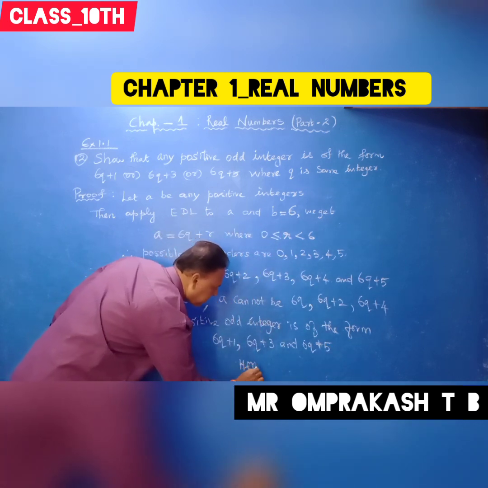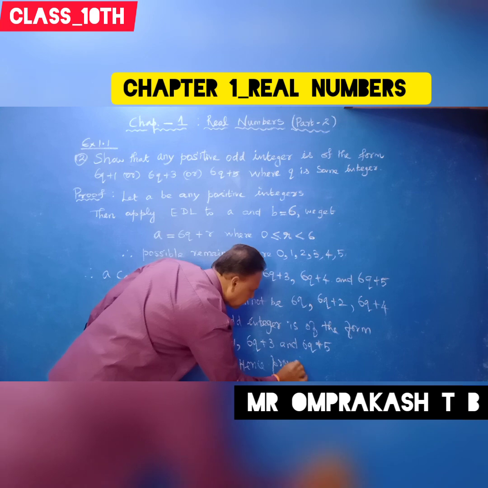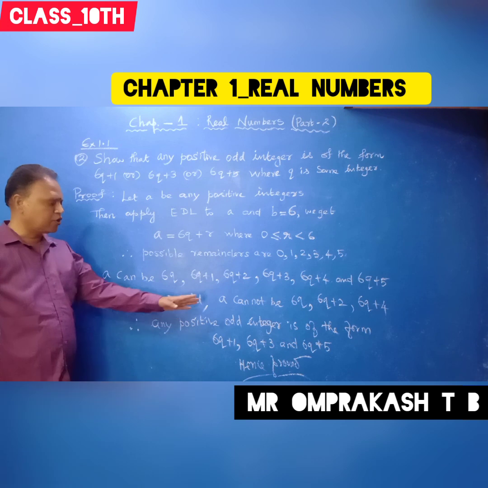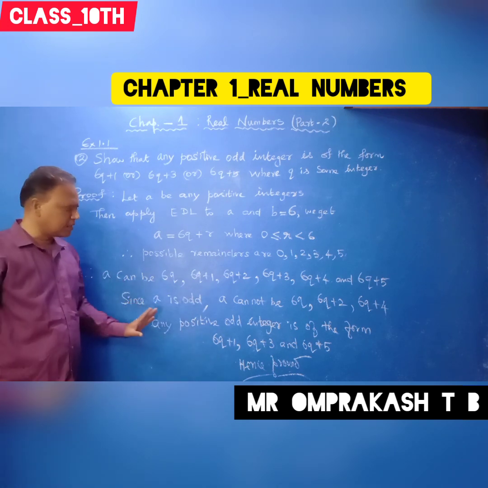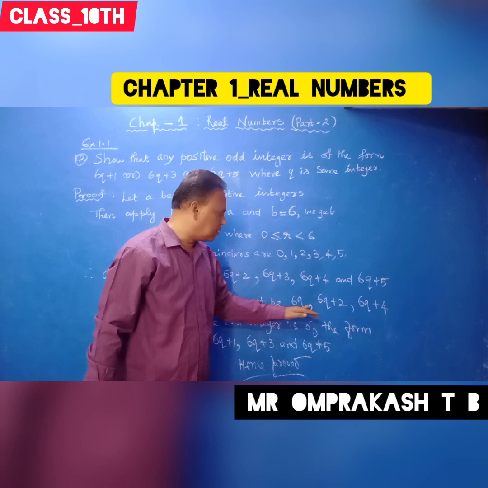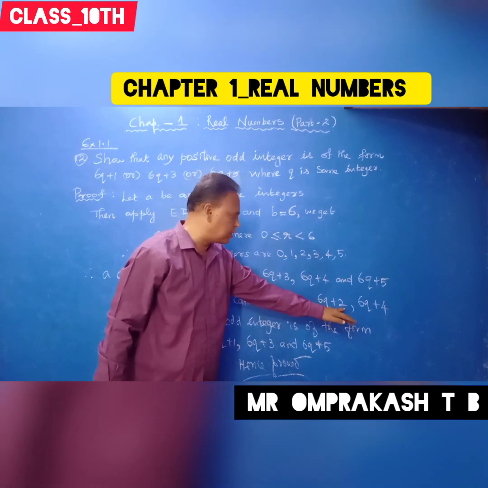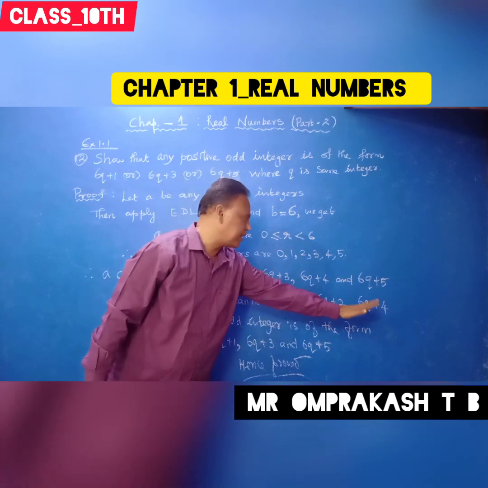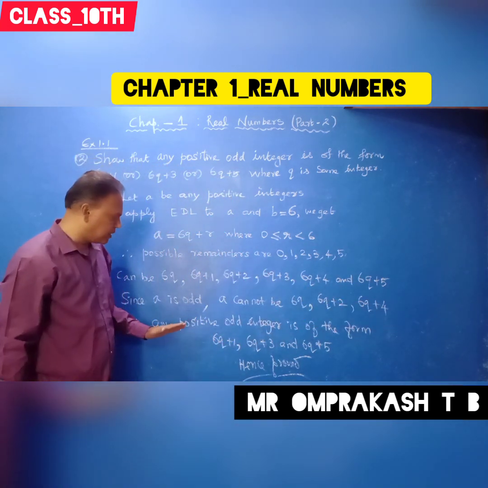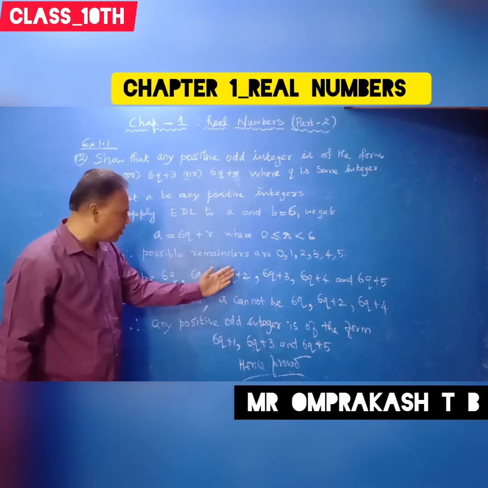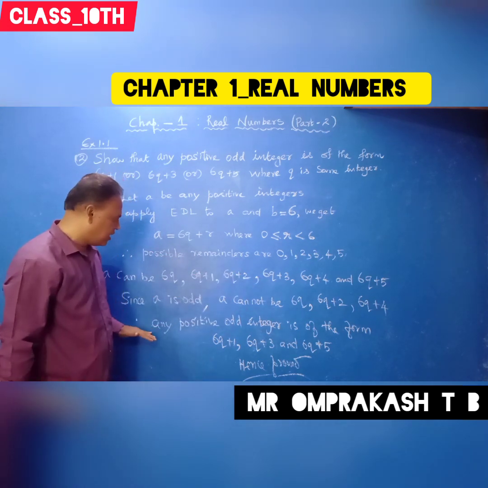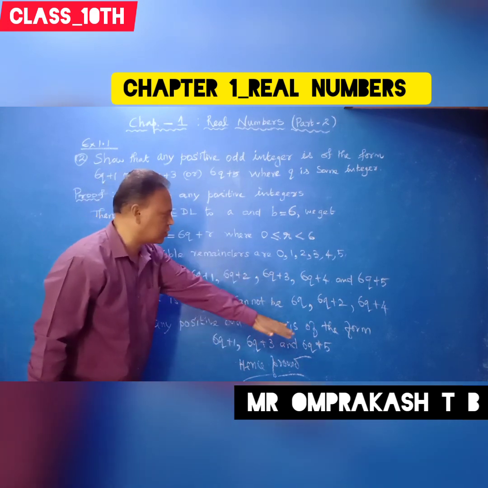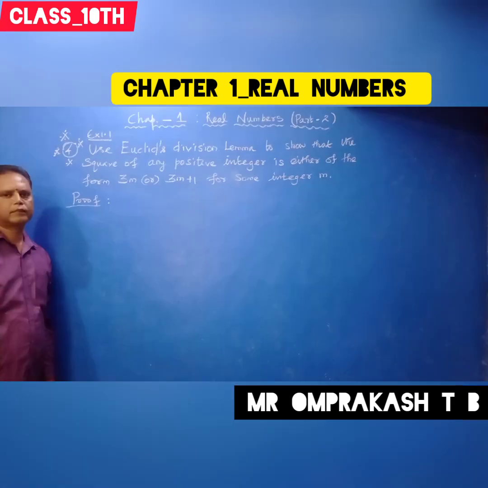Hence proved. Because a cannot be even, that is 6q plus 2, 6q plus 4; these are all divisible by 2. That's why it cannot be even numbers. The remaining ones are odd integers. That's why any positive odd integer is of the form 6q plus 1, 6q plus 3, 6q plus 5.